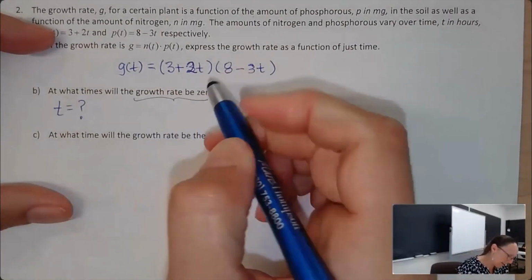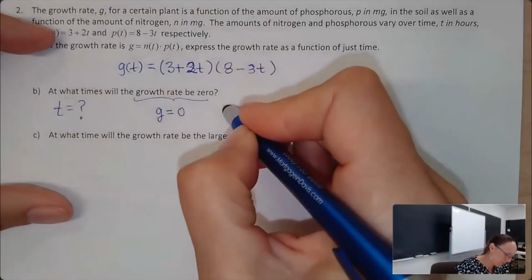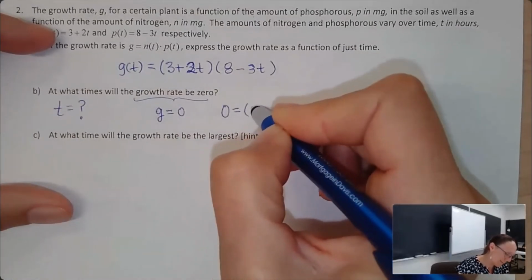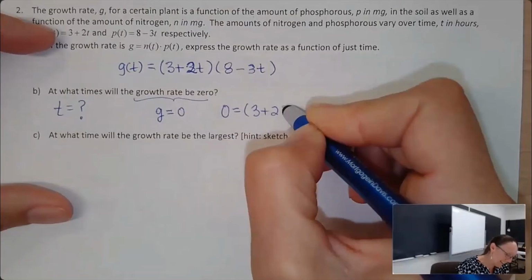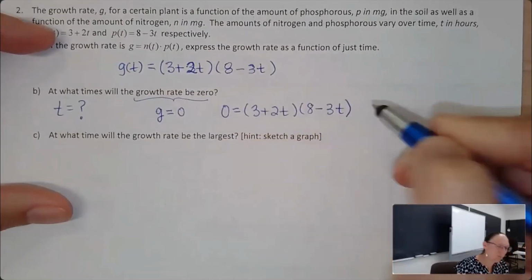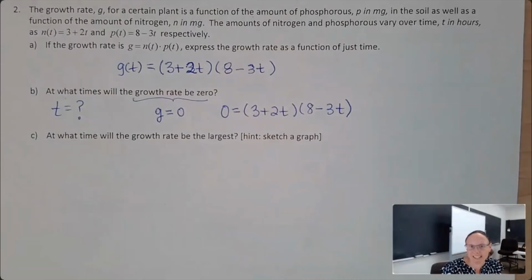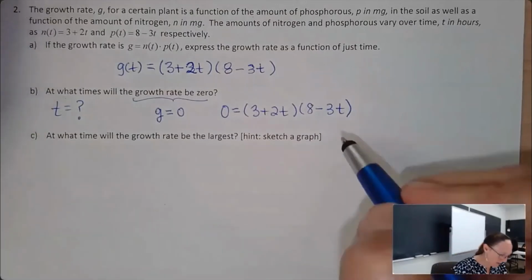And that growth rate of 0 means G is equal to 0. So even though it's not exactly an x-intercept, it is really an x-intercept. It's just this time we have different variables in there. We're talking about t for time. So at what times will the growth rate be 0?